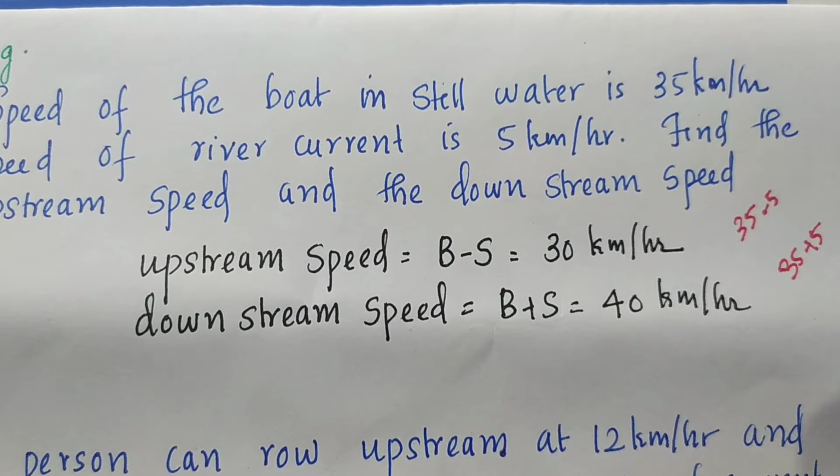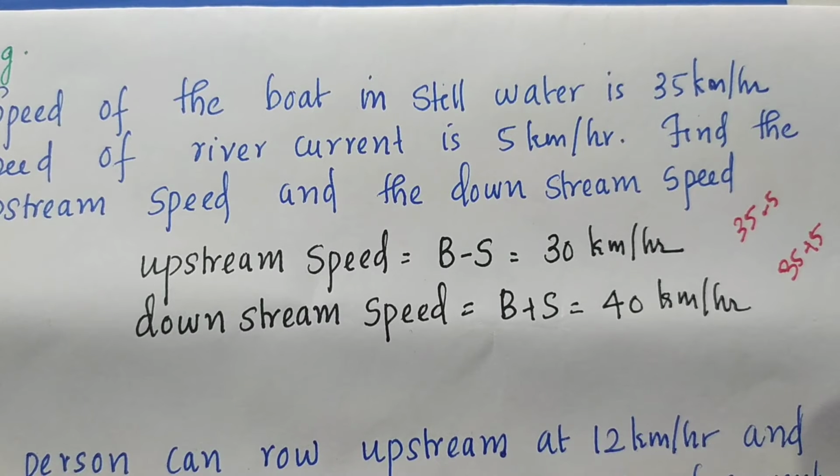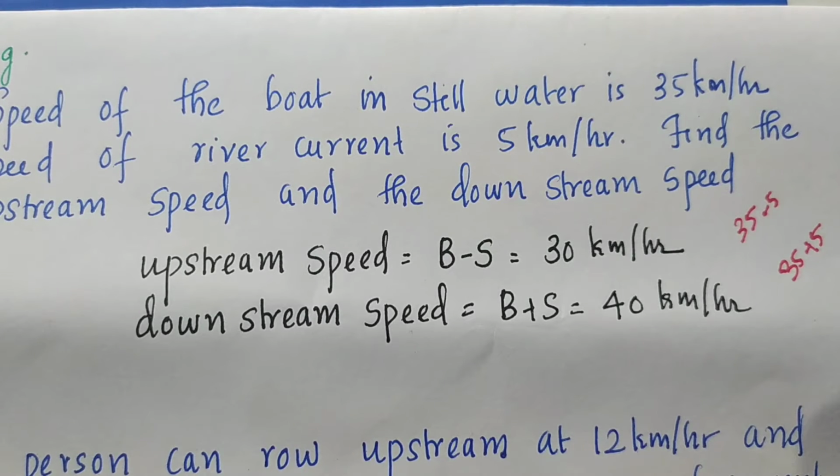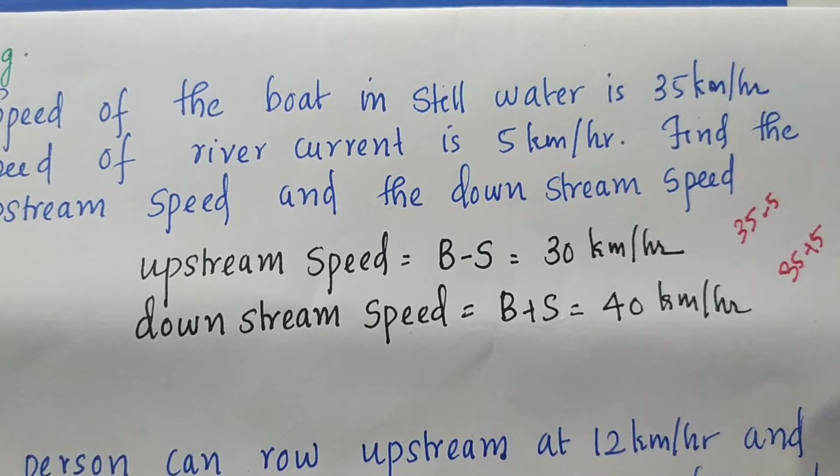Let us have this question to understand the concept better. Speed of the boat in still water is 35 km per hour. Speed of river current is 5 km per hour. Find the upstream speed and the downstream speed. So here we are given the speed of the boat and the speed of the river current, that is 35 km per hour and 5 km per hour respectively.